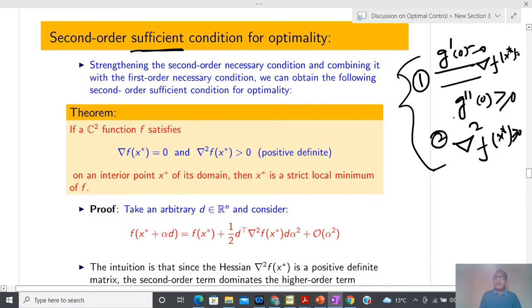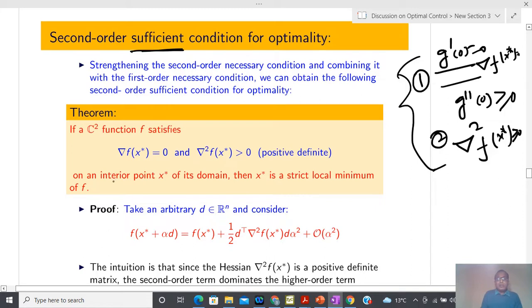But if one of these conditions is not satisfied, then I cannot claim anything. That is the meaning of sufficient condition. For a necessary condition, if it doesn't hold, then I can guarantee that the minima is not going to occur. That is the meaning. If anyone has confusion about necessary and sufficient conditions, please let me know. Somehow, when several necessary conditions come together, they form a sufficient condition for the occurrence of the event. The same kind of thing happens here.